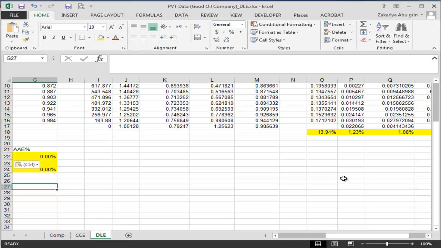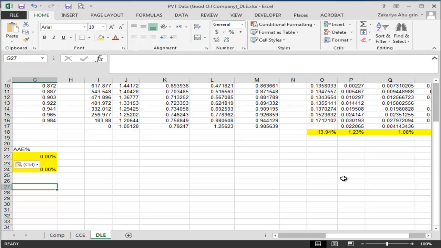So when you have a high error percentage in oil density at DLE, you will also have a high percentage error in oil density at saturation pressure. It's like they are linked to each other.